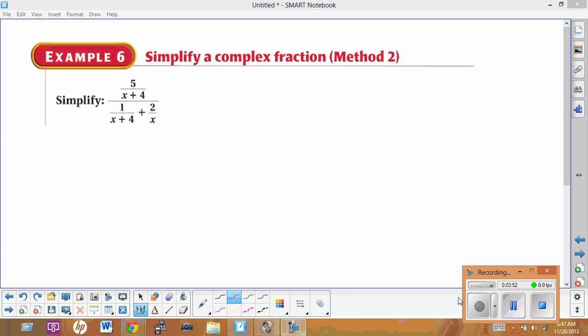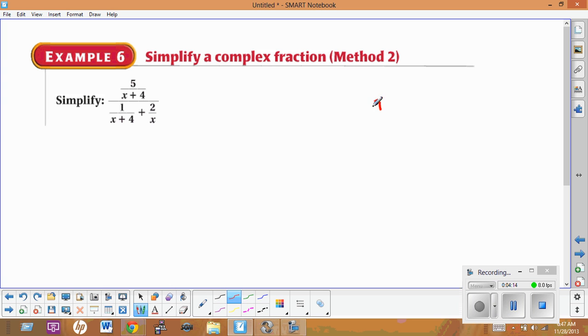Okay, so here's our first example. Let's go ahead and write it down. Our complex fraction is 5 divided by x plus 4, all divided by the expression 1 over x plus 4 plus 2 over x. So copy that down. Okay, so step 1 says we need to rewrite the numerator and denominator, if necessary, into single fractions.